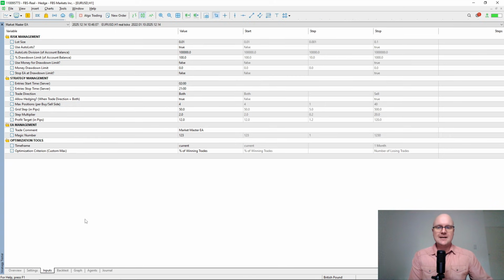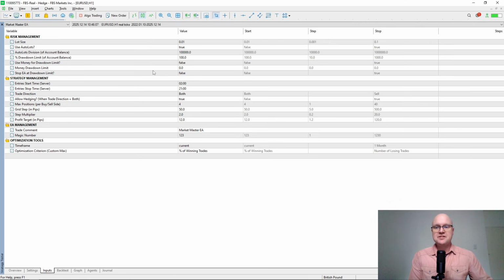So if we look at the customizable settings, these are not overwhelming and very well laid out. At the top, we have our risk management settings, firstly the lot sizing, and you also have the option of an auto-lot system. Then for those of you who want to use it in the prop trading environment, it has a percentage drawdown limit of account balance which you can use, or alternatively, it also has a money drawdown limit for those of you who want to set a specific amount.